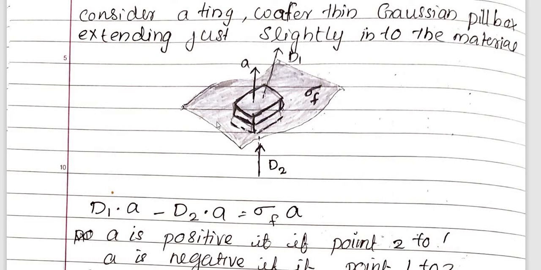When we calculate the closed integral D dot dA, we have to consider the upper surface, lower surface and the side surfaces. We can neglect the contribution from the sides of this pillbox because the thickness is very small. Then only can we study the surface phenomenon.